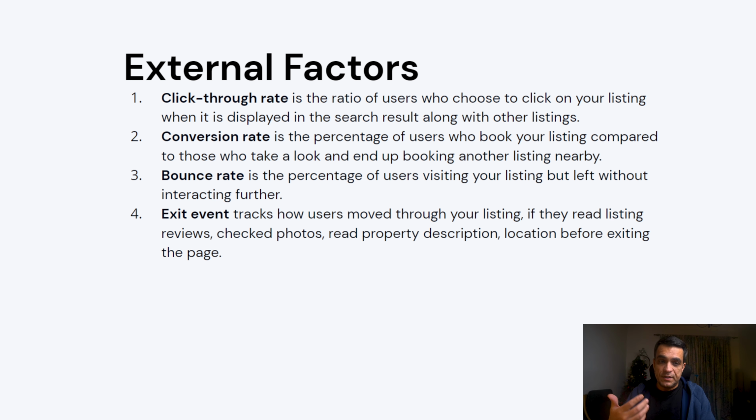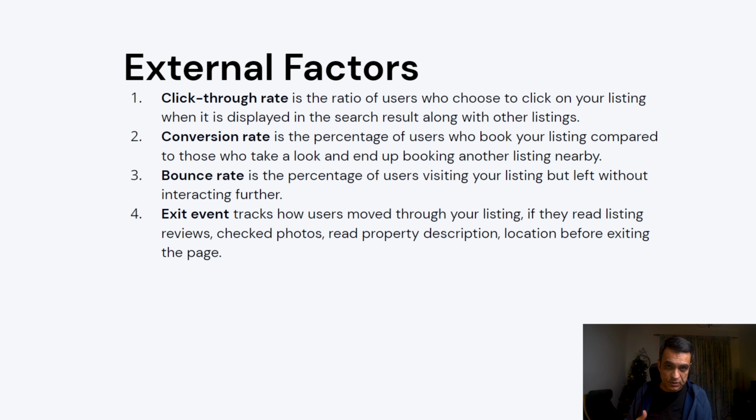Next is the exit event. They track how users moved through your listing: whether they read reviews, checked photos, read the property description, or looked at the location before exiting the page. So bounce rate is when someone lands on your listing and goes straight out without clicking anywhere. The exit event is different: they check how many events happened while the user was on your listing. Did they see all your photos? If after seeing the photos they clicked on the description, then at least the photos were attractive.